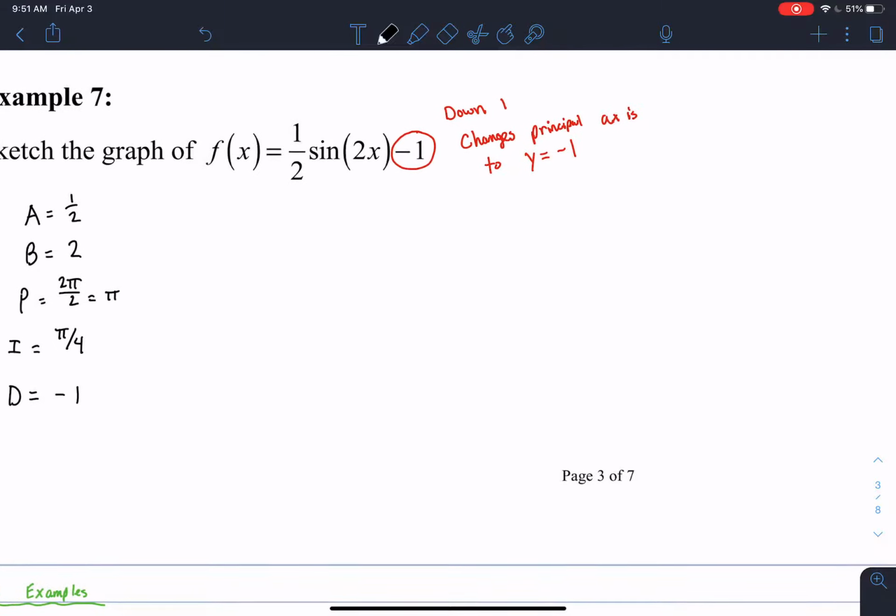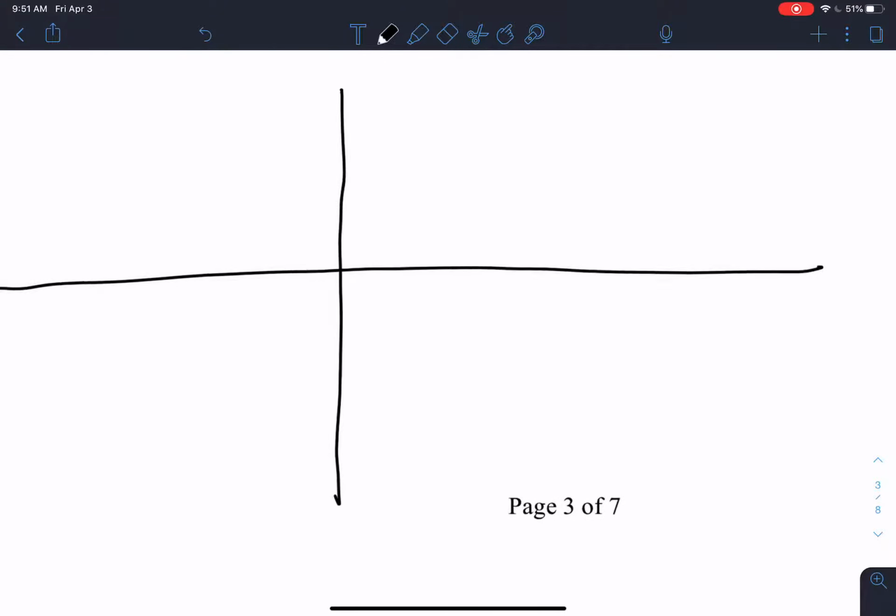So when you draw your graph now, you draw your axis. I would draw your original x and y axis, and then we have to start at 0, and we're going to go up by pi over 4.